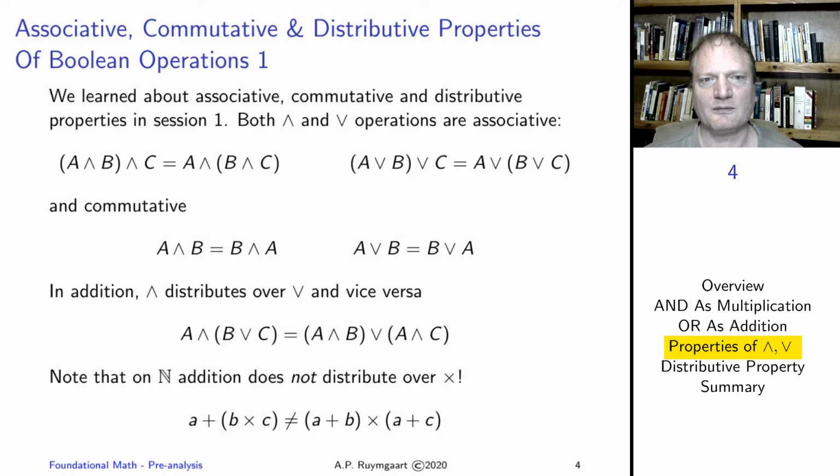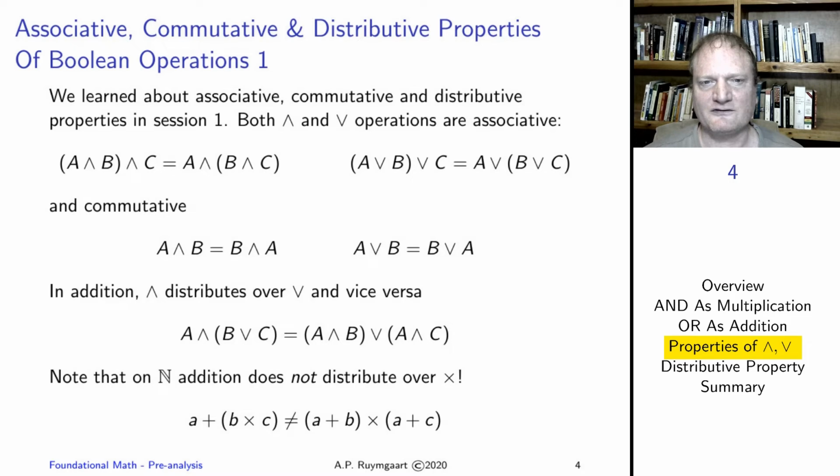Now, in addition to this, both operations distribute over the other, and this is where we're going to see a difference with multiplication and addition of the natural numbers. Now that we know we can compare the AND operation to multiplication and the OR operation to addition, we will see that there is a difference here from addition and multiplication on natural numbers.